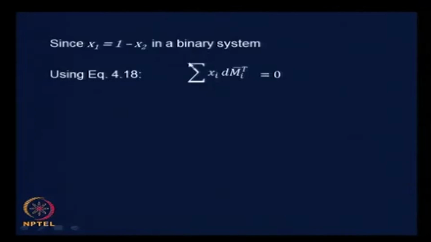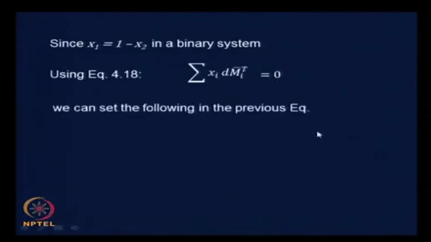Okay, if we apply this summation of xi dmi t hash equals 0, what is this?